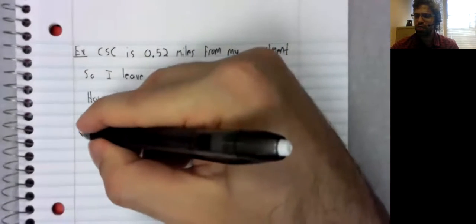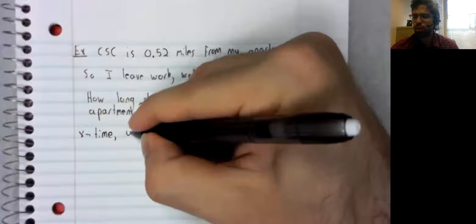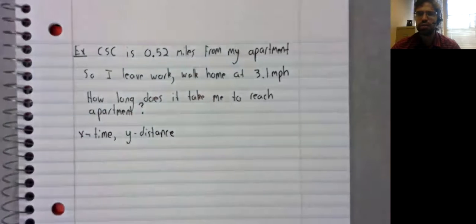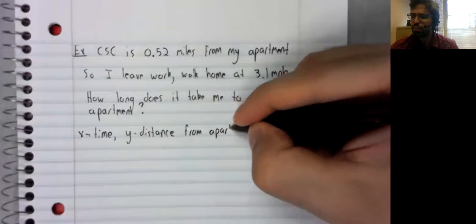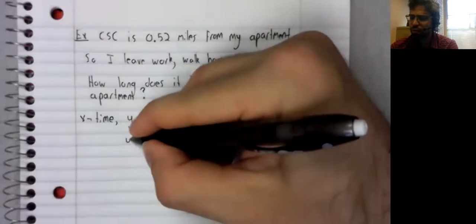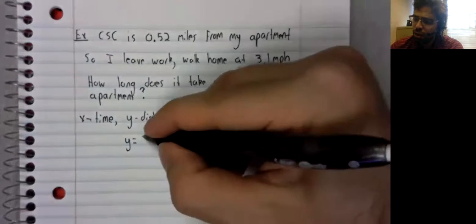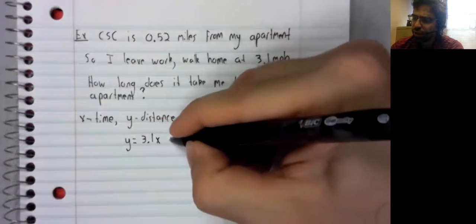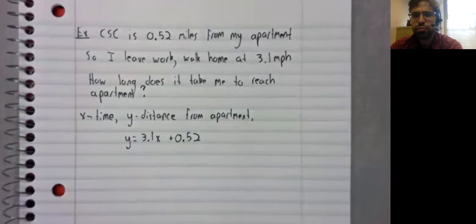So here we've seen this example. If X is the time I've spent walking, and Y is the distance from the apartment, then from previous work we have done on this example, Y equals 3.1 X plus 0.52.